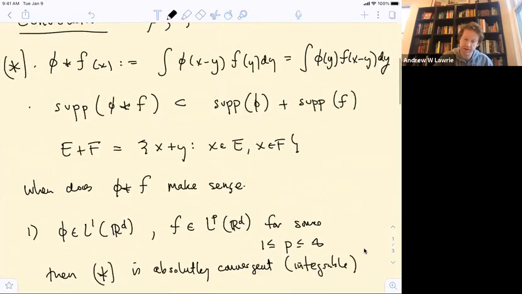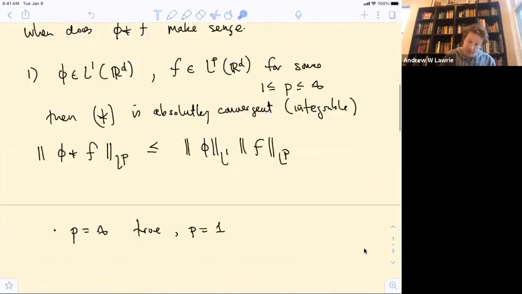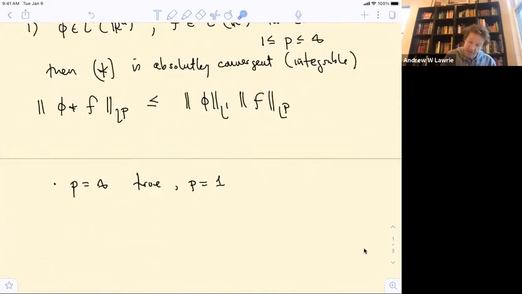Just take absolute values inside the integral here, pull out the L infinity norm of f, and then you're left with the L1 norm of phi. So it's not hard to see this for p equals infinity. For p equals 1, it follows from Fubini's theorem.